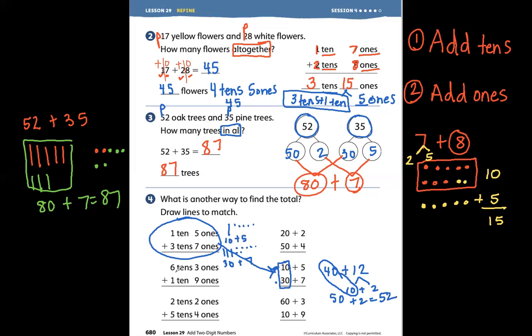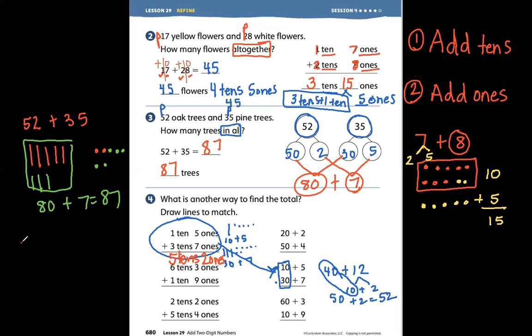Next problem says 6 tens and 3 ones. And while it only asks you to draw lines to match, I actually would like you to solve the problem, which we did here. We said this problem has a total of 5 tens and 2 ones. The next problem says 6 tens and 3 ones.